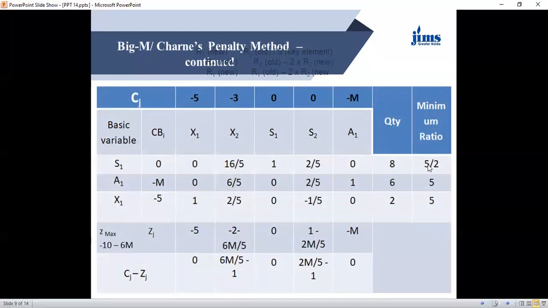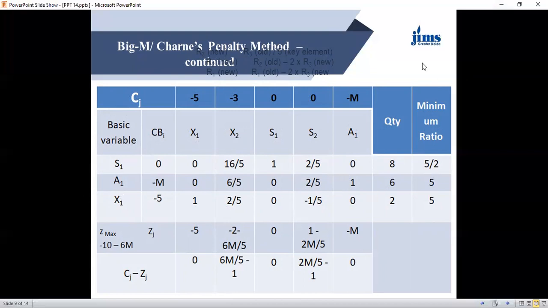Had this 5 by 2 not been there, we could have got a tie, 5 and 5. Then how to break a tie? There is another rule. But here we consider this 5 by 2 as the minimum value, and this row becomes the key row. This x2 column, corresponding to the variable x2, is the key column, meaning the x2 variable is coming in the next solution, and s1 is going out.